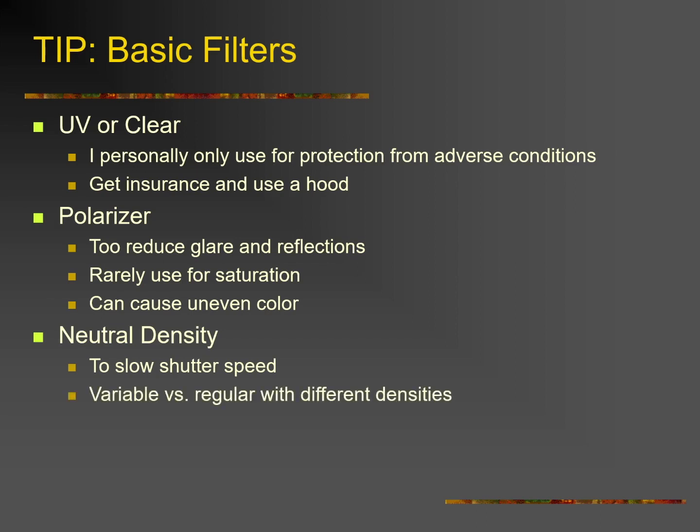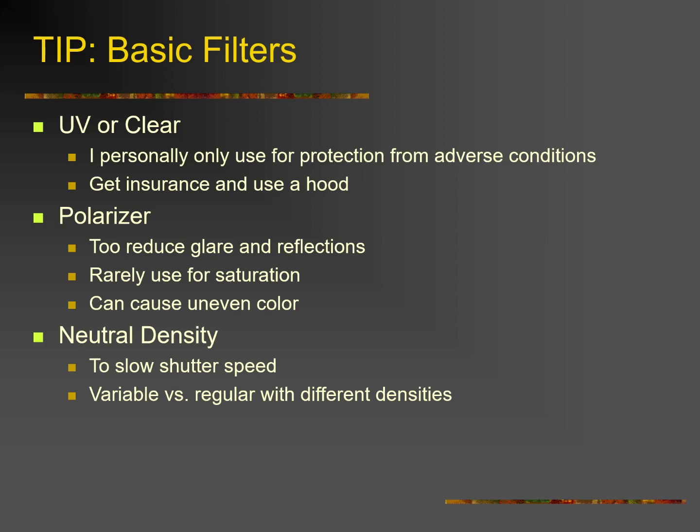And I have two different types. One are variable, which are becoming much more popular, where you can change the density by rotating the filter, versus some others that are the old regular fixed kind, where you have to have a different filter for each density. Both I find I use. The variable is convenient.